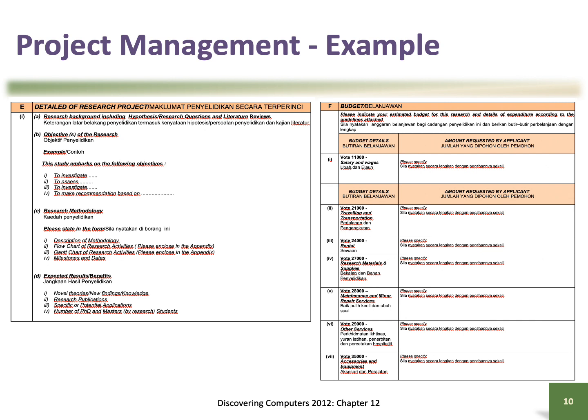For example, here it has budget for salary, traveling and transportation, rental, and so on. So you have to know the amount that you would need for each of these parts. That's why in any project, you have to really plan properly about all these things.